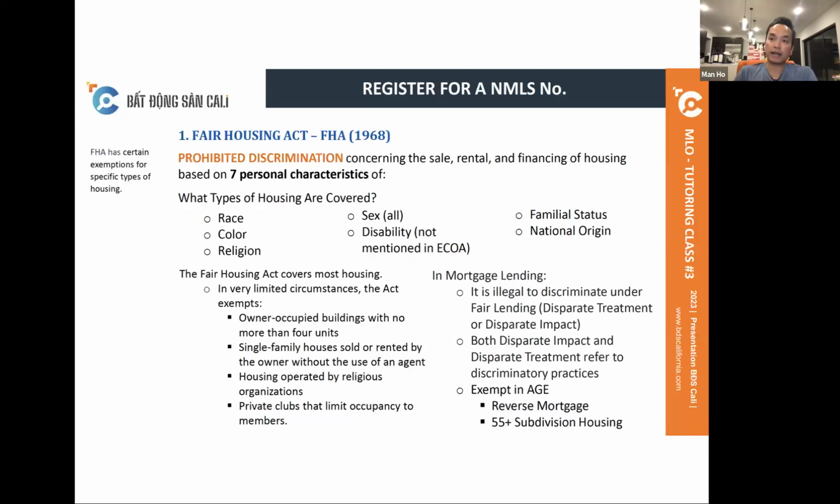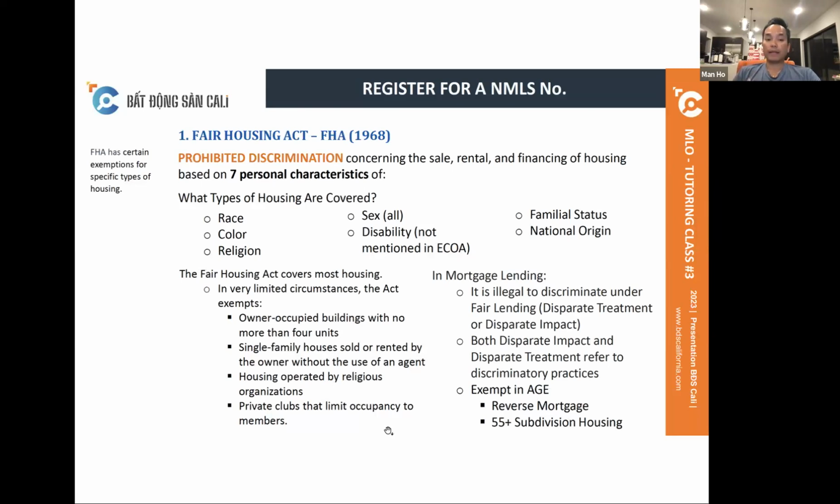So seniors can buy that property at a lower price, and they may get a better rate too, and also a reverse mortgage. Does anybody have any questions so far?